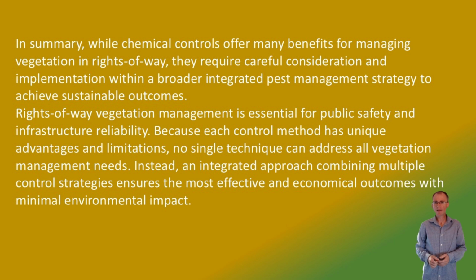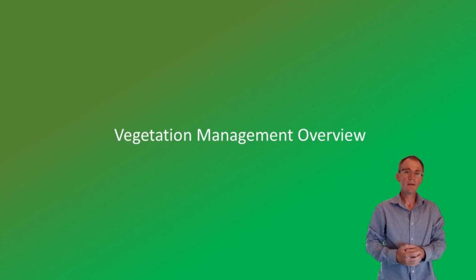Because each control method has unique advantages and limitations, no single technique can address all vegetation management needs. Instead, an integrated approach combining multiple control strategies ensures the most effective and economical outcomes with minimal environmental impact.